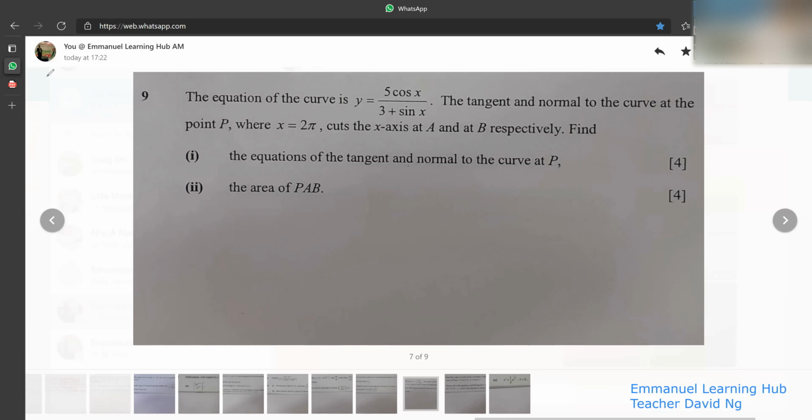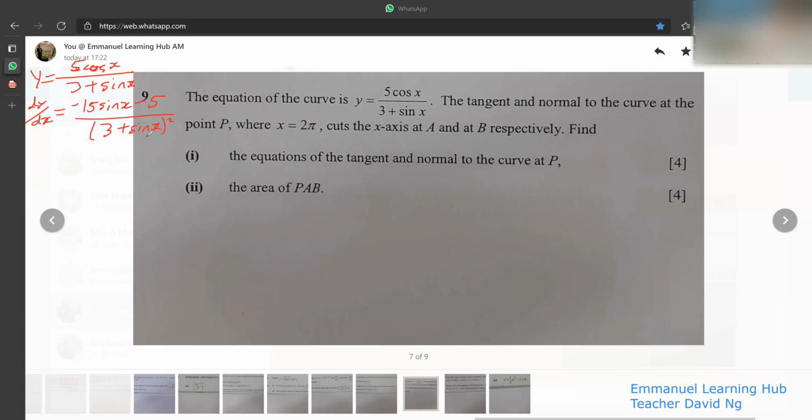So y equals 5 cosine x over 3 plus sine x. I differentiate this, and I just write the answer straight away. dy dx will be minus 15 sine x minus 5, after differentiating, over 3 plus sine x squared.